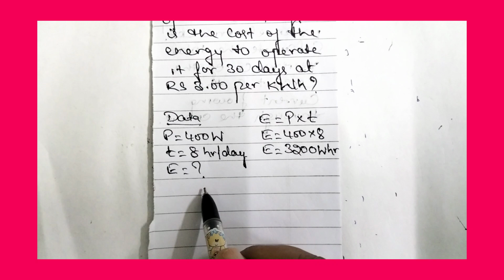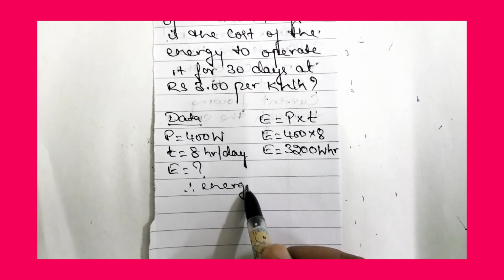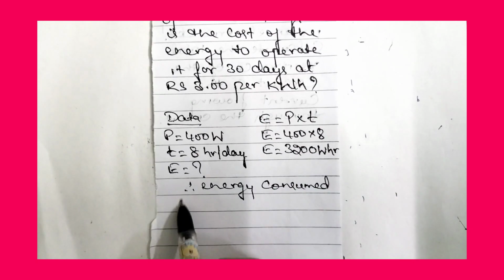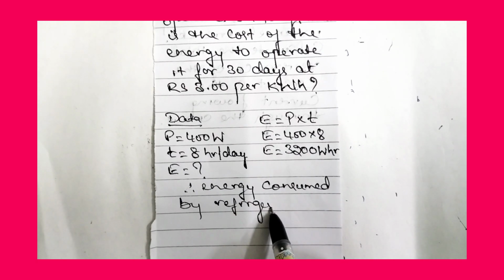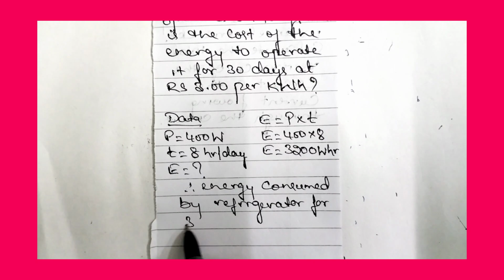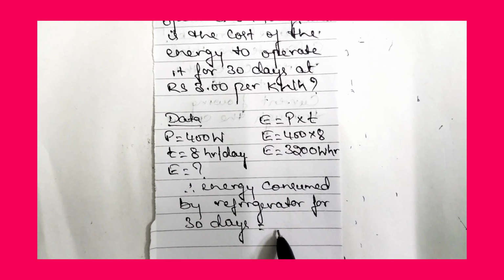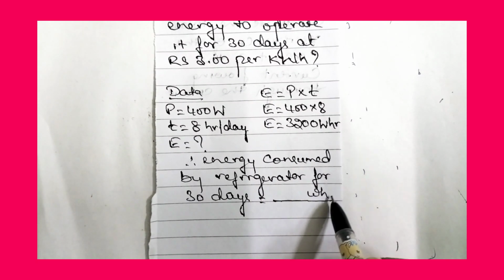So now let us calculate it for 30 days. Therefore, energy consumed by the refrigerator for 30 days is equal to, let us calculate how much it will consume, dash watt hour.